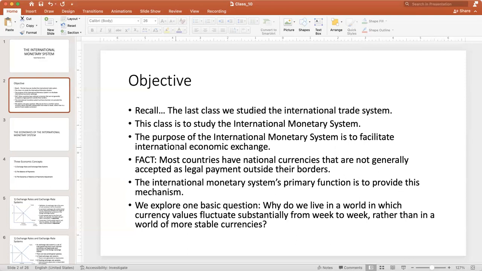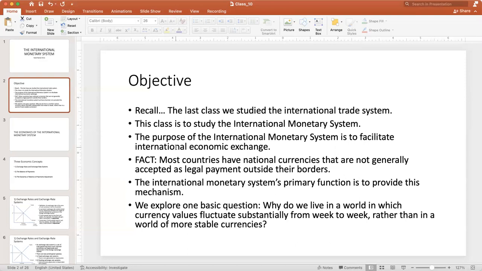Because most countries have national currencies that are not generally accepted as legal payment outside their borders. So the primary function of the international monetary system is to provide the possibility that you can buy foreign currencies that have the prerogative to buy goods and services in the international market.